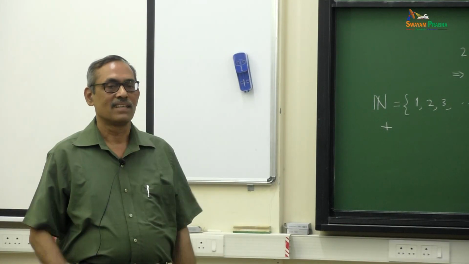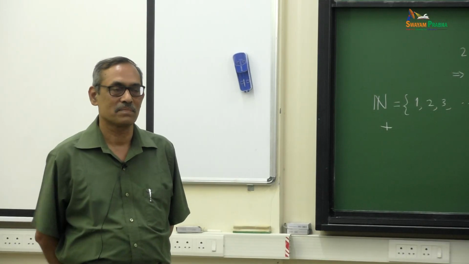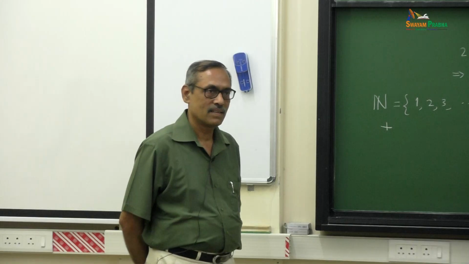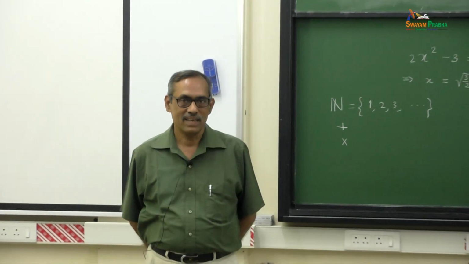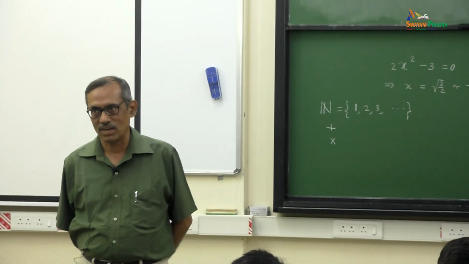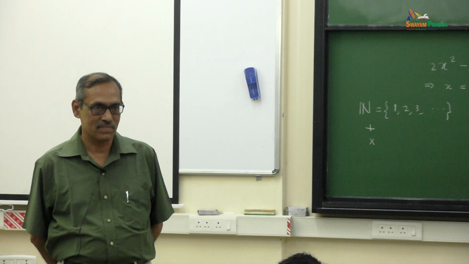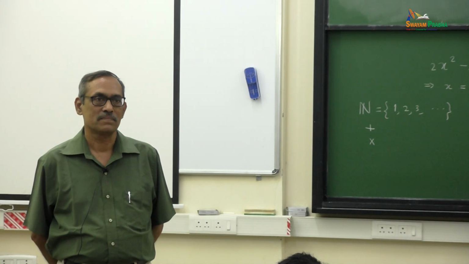So we know addition of two natural numbers. Then what else do we know about natural numbers? Multiplication also. So again, if you take any two natural numbers m and n, m into n also gives a natural number, right?